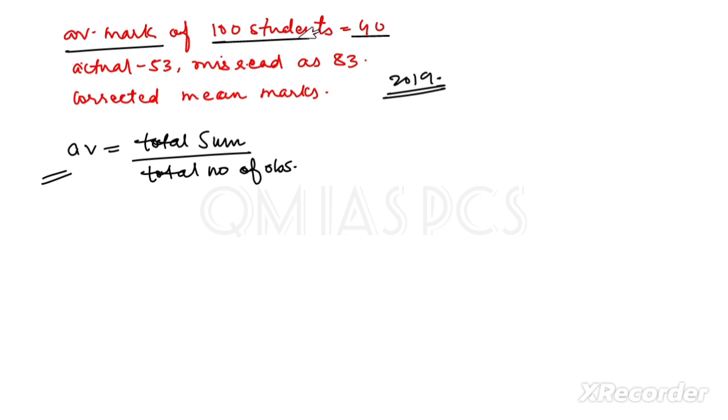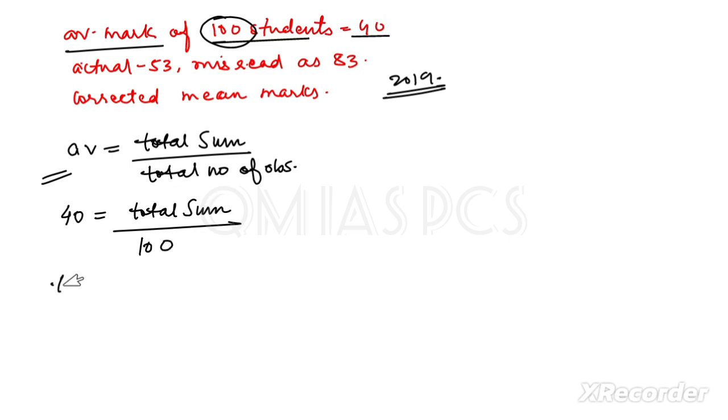So whenever there is data, just write the formula, like I am writing here: average is equal to total sum divided by total number of students. Now the average is equal to 40, we don't know the total sum, but we know the total number of observations. That is 100 students, so it will be 100.